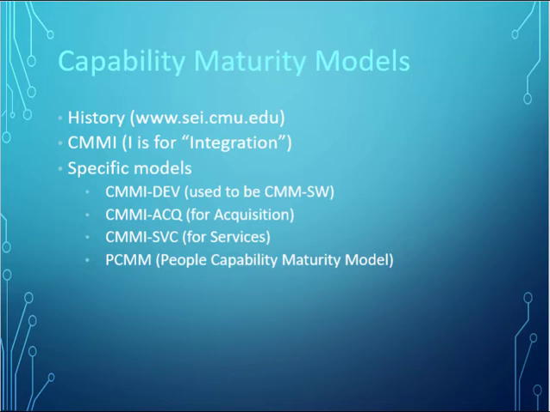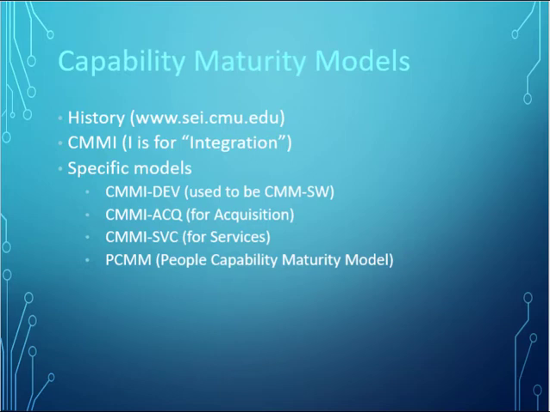So the Department of Defense gave a grant to Carnegie Mellon University to create the Software Engineering Institute and tasked them with figuring out how to help software development organizations improve their ability to deliver quality software on time. And the result was the capability and maturity model for software development.